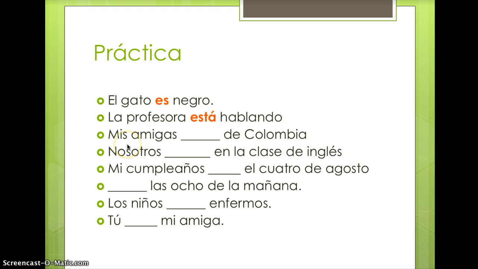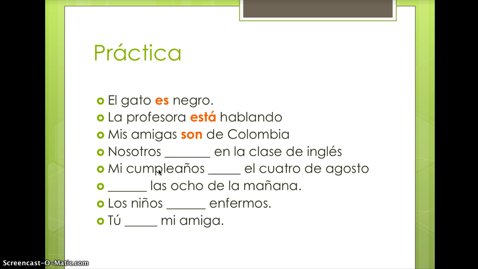Now I'm telling you that my friends are de Colombia. They're from Colombia. So from indicates origin, don't forget. So since I'm talking about their origin, I'm going to use the verb ser, and that is a plural group of girls right there. It doesn't include the word nosotros, and it doesn't include the phrase y yo, which would mean my friends and I. So it's just plural, and it's not in the yo form, so it would be the bottom right box, which is son.